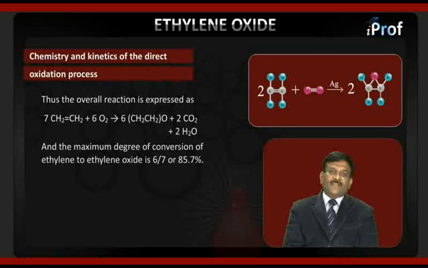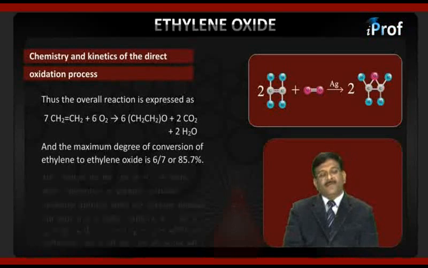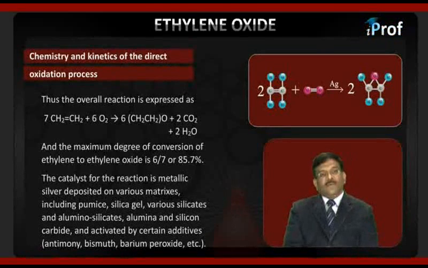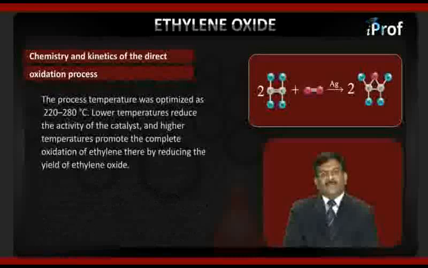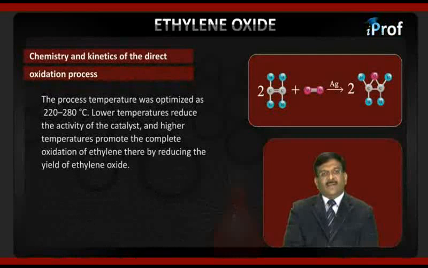The catalyst for the reaction is metallic silver deposited on various matrices including pumice, silica gel, various silicates and aluminosilicates, alumina and silicon carbide, and some more, activated by certain additives: antimony, bismuth, barium peroxide, etc. The process temperature was optimized at 280 degrees centigrade.